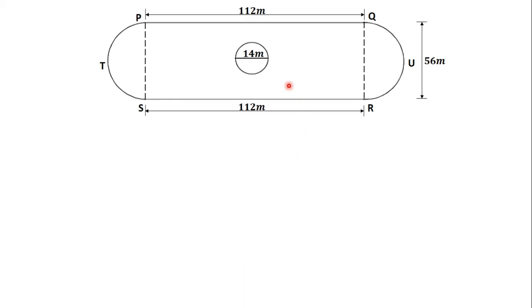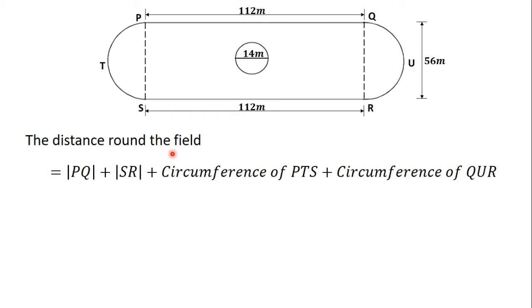Now, we can say that the distance around the field is equal to PQ plus SR plus circumference of PTS plus circumference of QUR. And this will give us 112 meters plus 112 meters plus 87.96 meters plus 87.96 meters.